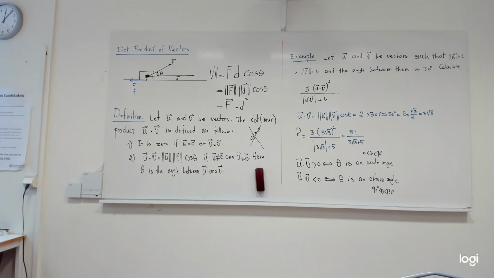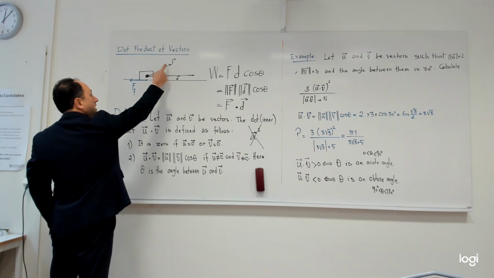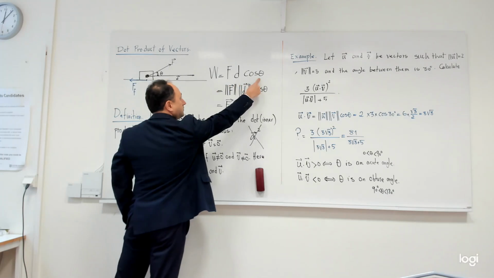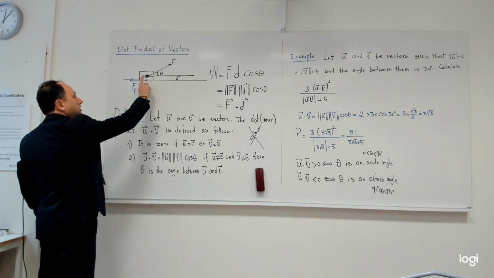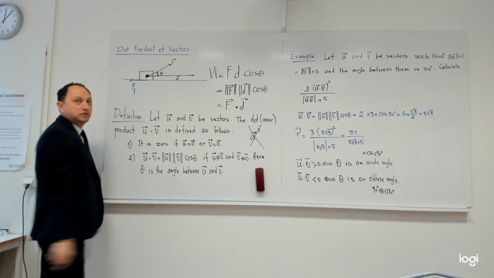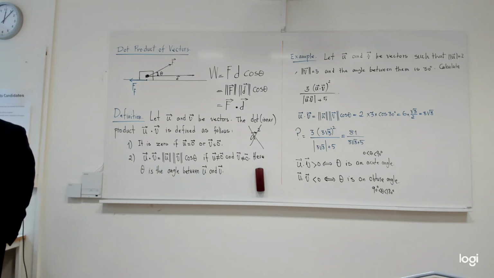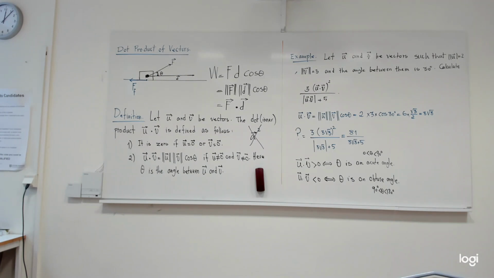But you really don't need to memorize that. If I ask you what is the work done by this force, this is the formula. But now assume that I move this object from this point up to that point, and I ask you what is the work done by the friction force. So what is that?